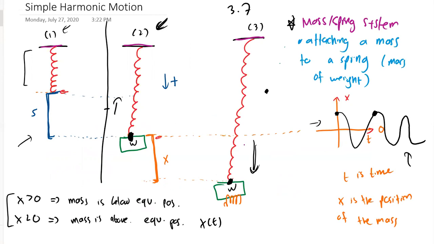Well, we stretched the spring, first of all, s units past its original equilibrium state of just the spring itself, and then once we added the weight and were at the equilibrium state of the spring mass system, we stretched an extra x units. So we pulled in an extra x units. So in total, we've stretched the spring a total of s plus x units. And again, in this case, it's meters.